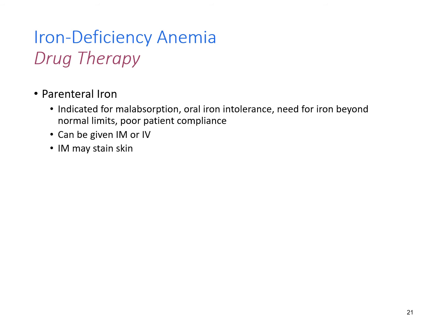So then you may have to end up giving them parenteral iron. You can give this either IM or IV. And the IM may stain the skin. So this is where you end up with the Z-Track injection technique, right? You want to use a separate needle for withdrawing the solution and for injecting the medication. So these are just different things that you have to think about.